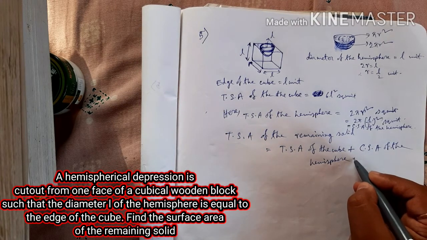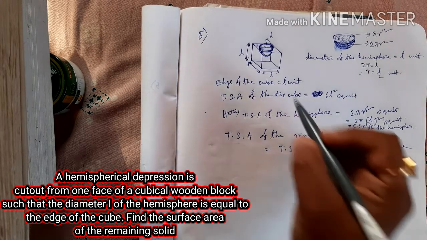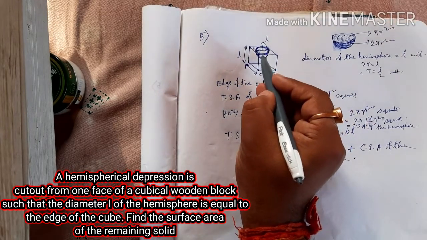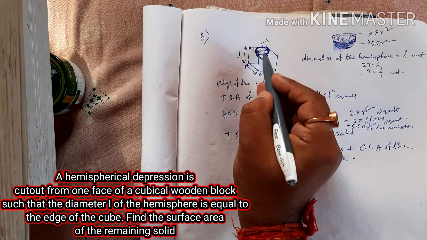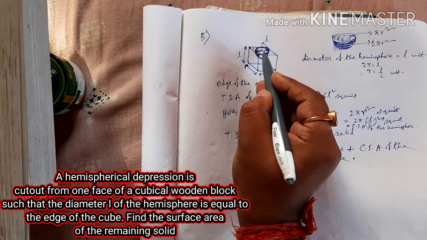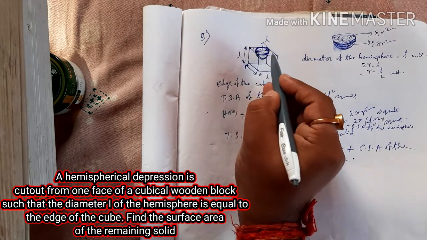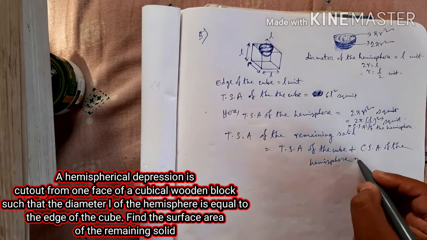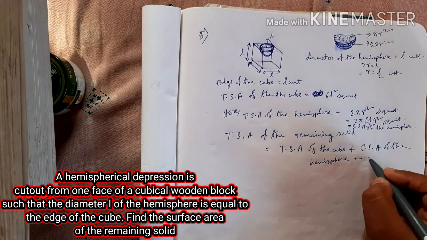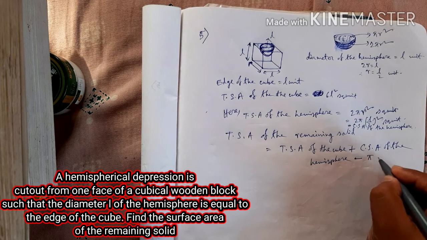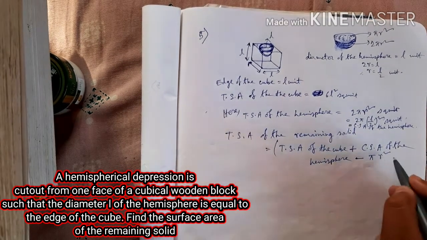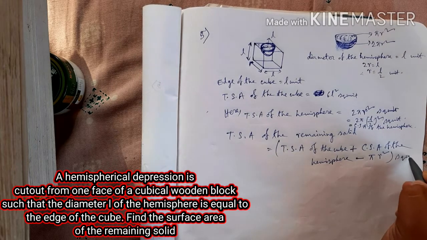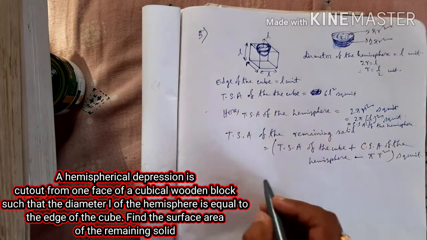And from here, since this is a hollow space, we will have to subtract the upper circular surface area from the upper surface of the cube, that is pi r square, okay, square unit.